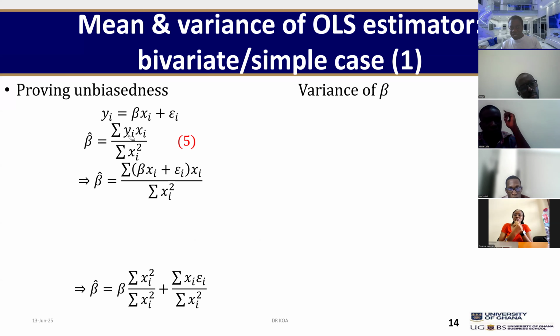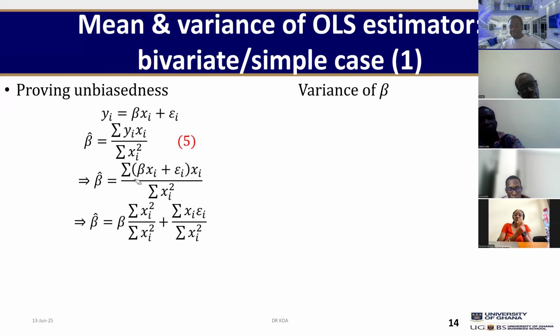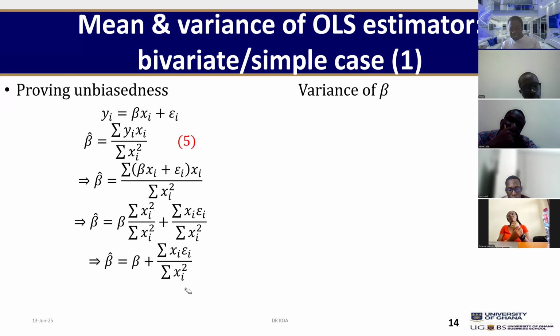And on the basis of that, we can now split it. We can expand the top part, and when you expand the top part, you get this. The top part is split into two. The down part is the same, and so the denominator is shared equally between them. Now, this left part will cancel. You are left with beta. What about this part? Remember, this part has an error.